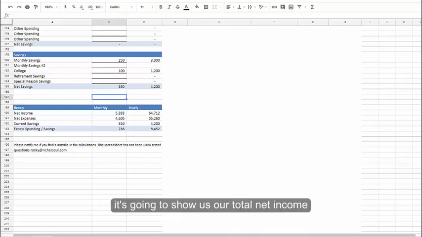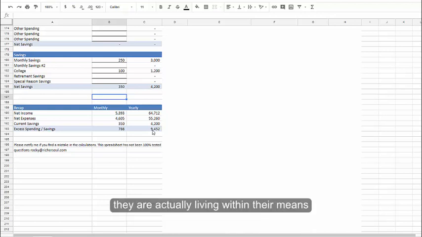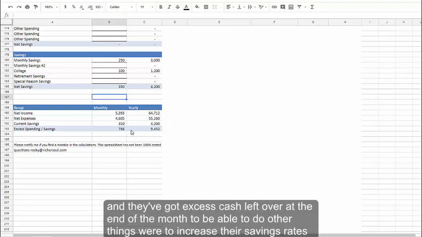It's going to show us our total net income per month, per year, what our expenses are, what our current savings rate is, and then the excess that's either left over or is negative. So in this case, they are actually living within their means and they've got excess cash left over at the end of the month to be able to do other things or to increase their savings rates.